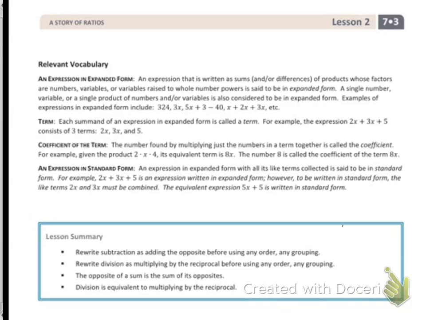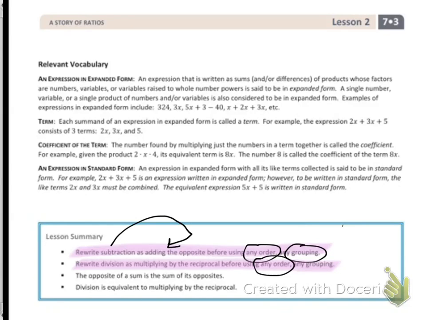Okay, the lesson summary says: rewrite subtraction as adding the opposite before using any order, any grouping. This idea of any order, any grouping is the commutative and associative properties. So you're always going to rewrite subtraction into addition. In the same fashion, rewrite division as multiplying by the reciprocal before using any associative or commutative property.